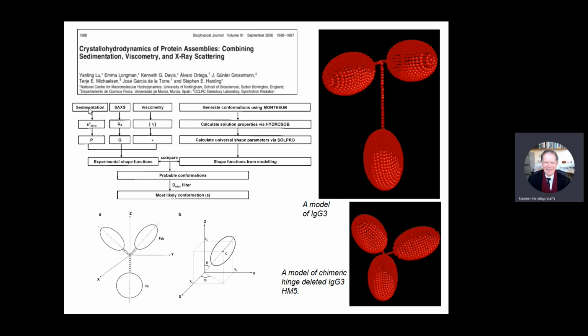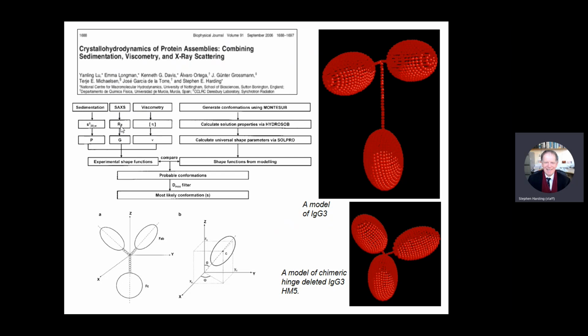And by combining viscosity, this is small angle X-ray scattering to measure the radius of gyration. This is the viscometry measuring the intrinsic viscosity. And remember the Einstein-Simha shape function, which has a value for spheres of 2.5. Remember, Einstein made that mistake. So this is a similar parameter from X-ray scattering.